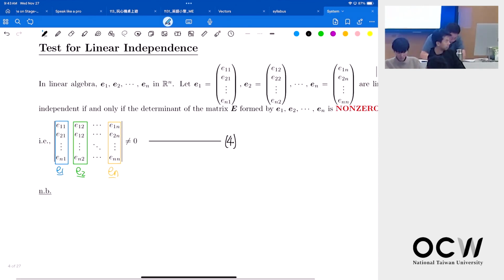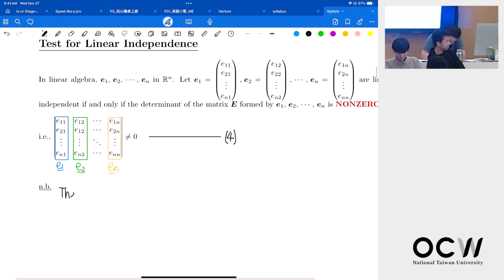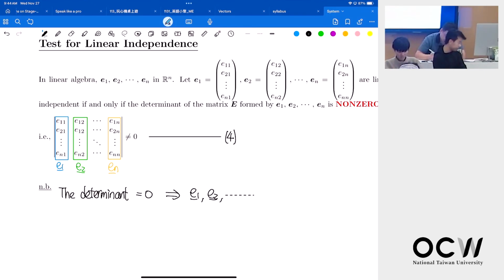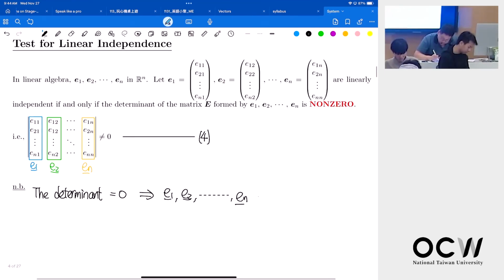So if the determinant is equal to 0, that means E1, E2 to En are linearly dependent. If not 0, then they are linearly independent.